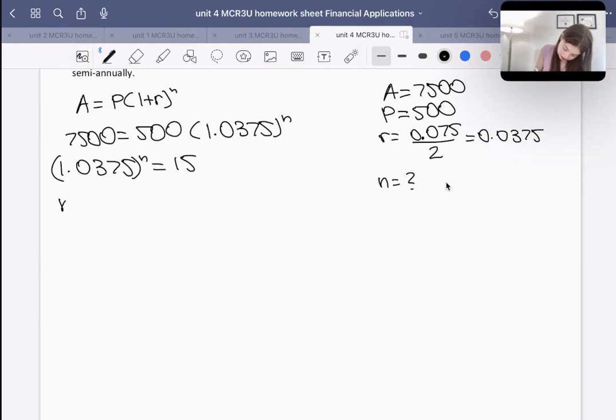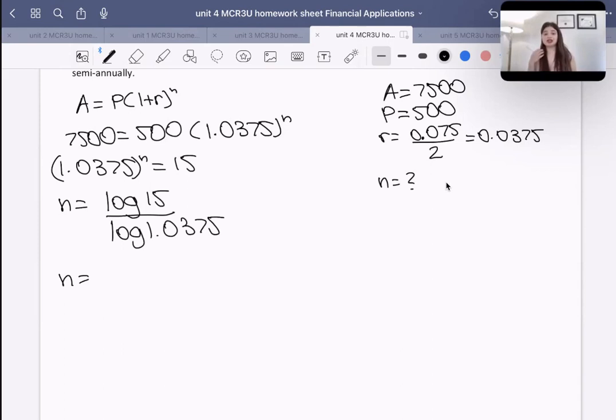And that means that n is equal to log 15 over log 1.0375. And then we can just type both of these in the calculator because it's not obvious what log 15 is, nor is it obvious what log 1.0375 is. There's only a few logarithms, like when it's a power of 10, where it would be obvious without using a calculator.